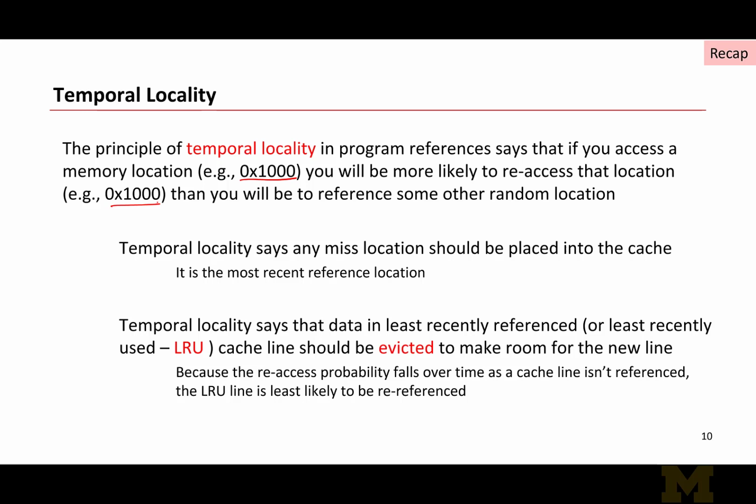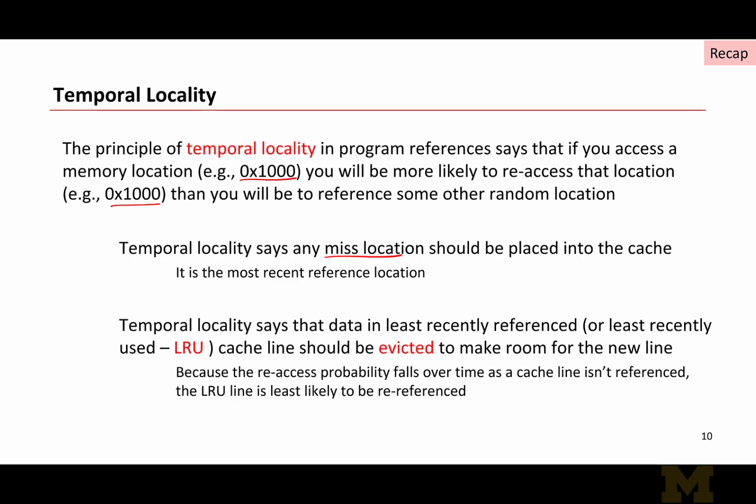So to exploit temporal locality, if you encounter a miss to any location, you would bring that into the cache and place it in the cache. Now if you have run out of space, you need to find a victim and evict that victim out of the cache and use that victim's cache line to store this new data.